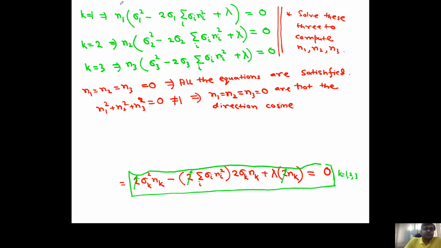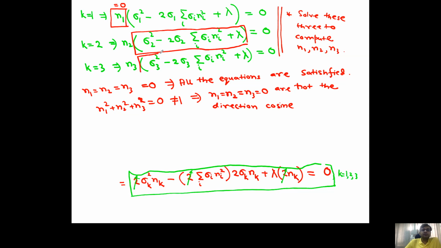What we will do is we will take this n1 to be equal to 0 from the first equation. From the second equation, let us take this part to be equal to 0.